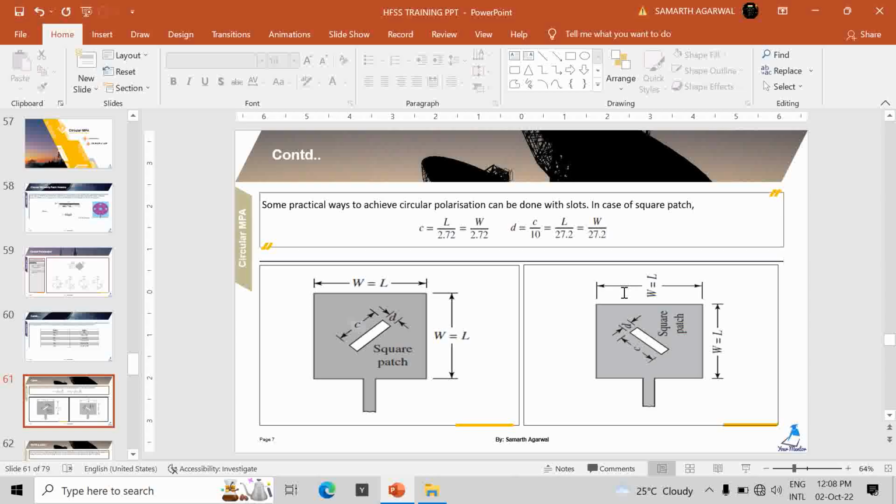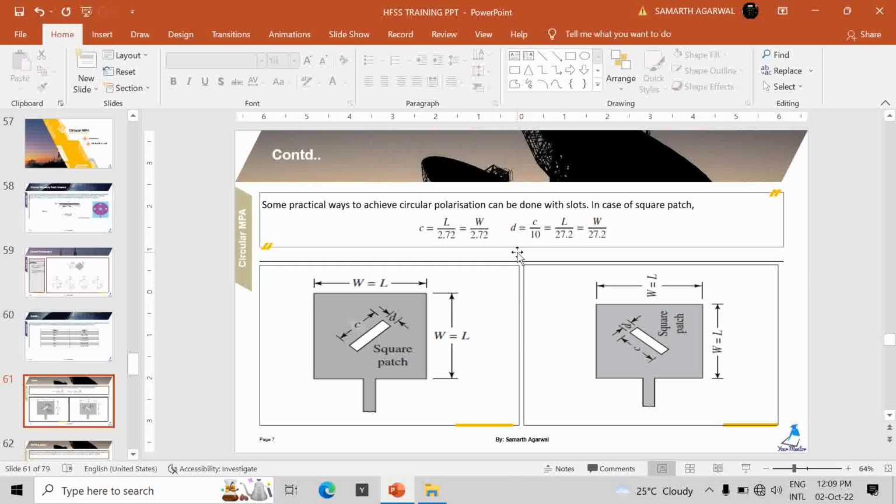Now, another way to produce circular polarization is with the help of slots. Now, how can you put the slots? As I have said, the ratio of C by D should be like this. As you can study these formulas, then you will come to know. And that too, it is applicable only in the case of a square patch, not a rectangular patch.